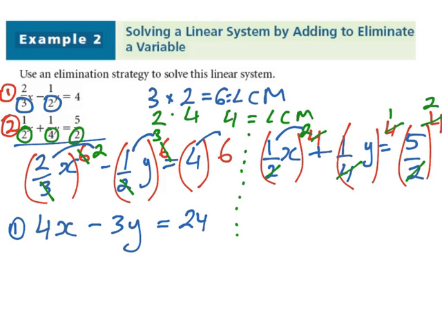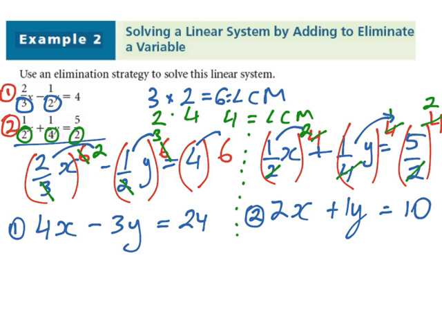Don't forget the x. 1 times 1 is 1. Don't forget the y. And 5 times 2 is 10. And this is our second equation. Now what we're going to do is take these two equations and solve them.